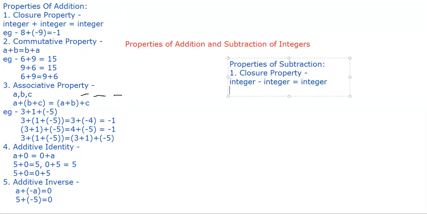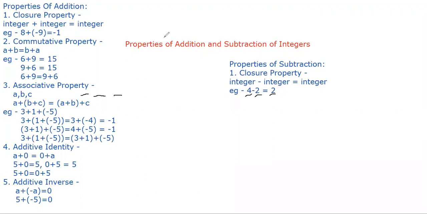For example, I'm taking 4 minus 2. Here 4 is an integer and 2 is also an integer. So 4 minus 2 is equal to 2. I think you understand what I'm trying to tell you, that an integer minus an integer is always an integer.